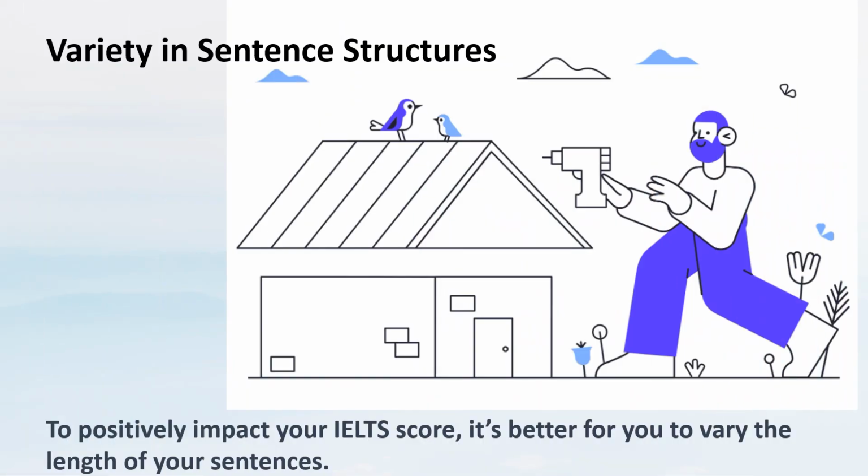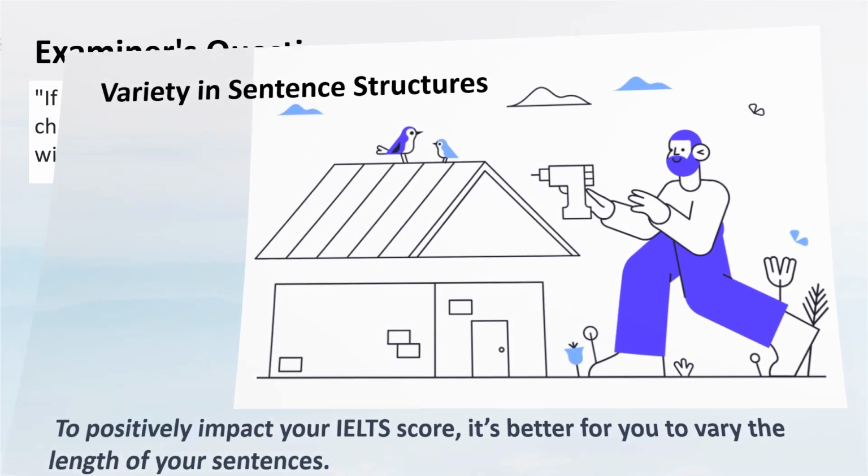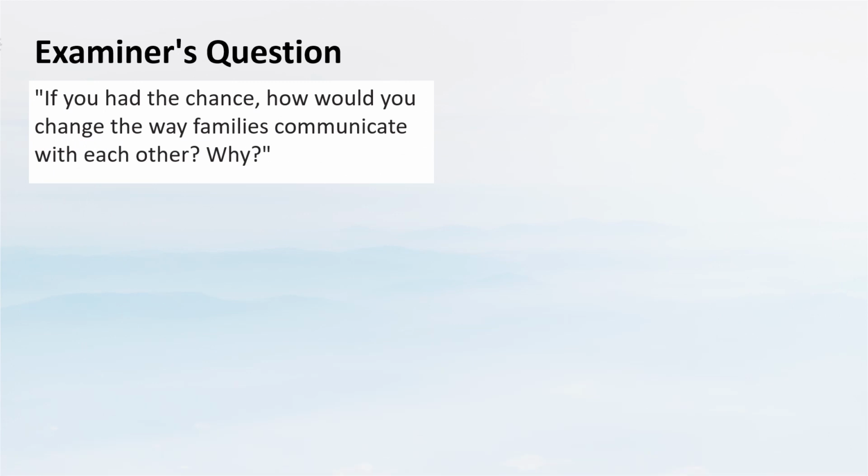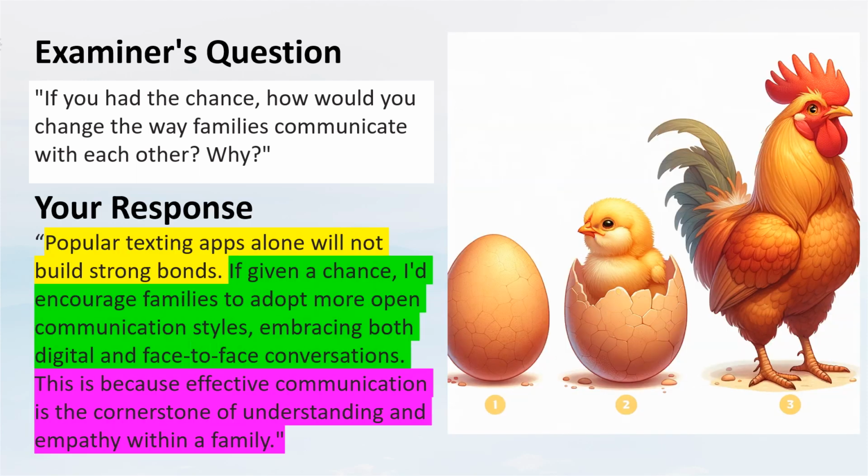To positively impact your IELTS score, it's better for you to vary the length of your sentences. We'll show you how to use complex structures in your answers. The examiner asks, if you had the chance, how would you change the way families communicate with each other? Why? This response has a mix of short and long sentences.